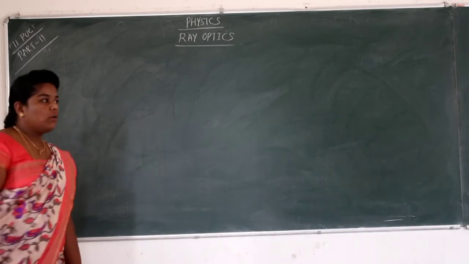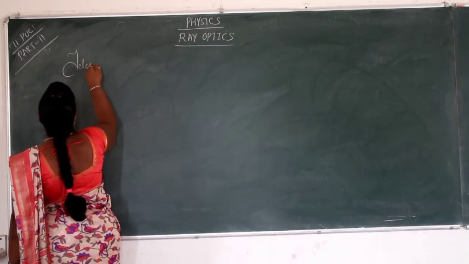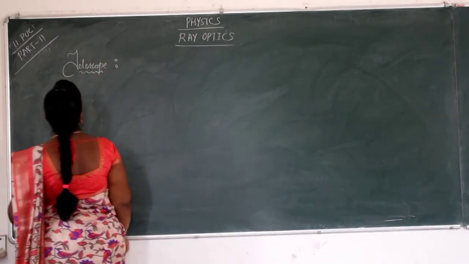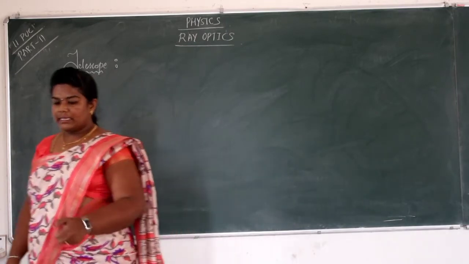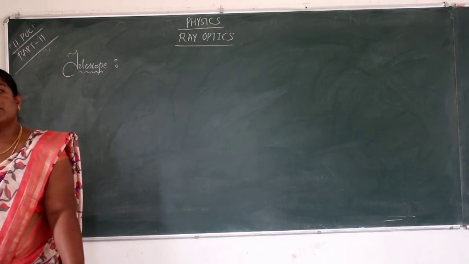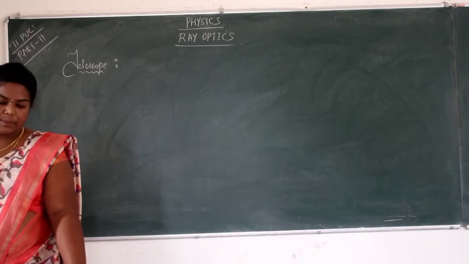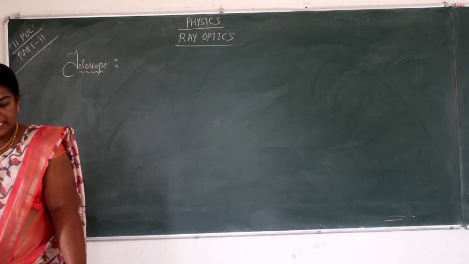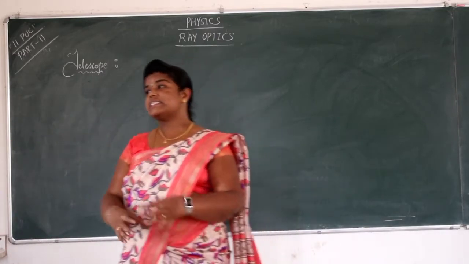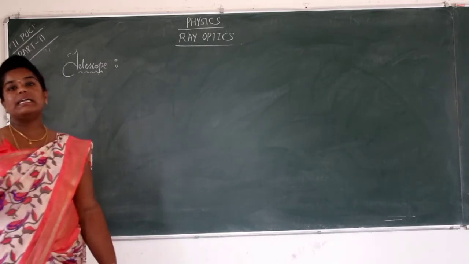First, let us define what a telescope is. Simply, we can define that a telescope is an optical instrument. Then why do we use a telescope? To see objects distinctly which are very far away from us. It is used to see distant objects clearly and distinctly.